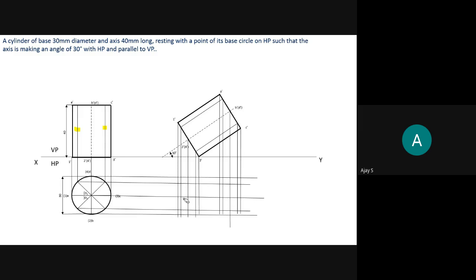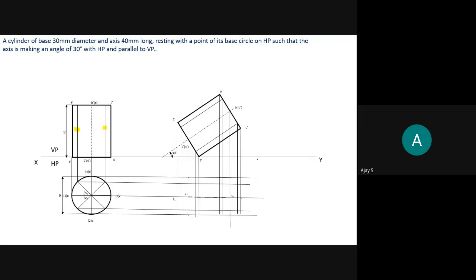Then I'll mark the center O1 and here O2. Then I'll mark the points. This will be 1, 1 over here. Then this will be 2, 2. This will be 3, 3. And this will be 4, 4. Similarly, over here it will be A, A, B, B, C, C, and D, D.